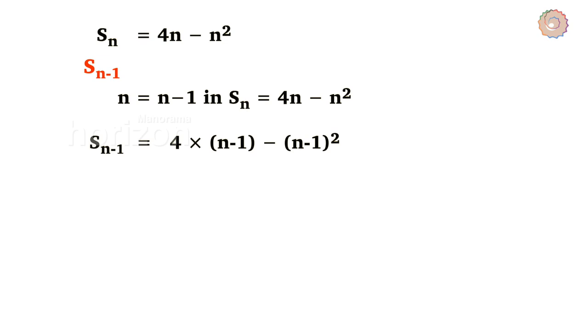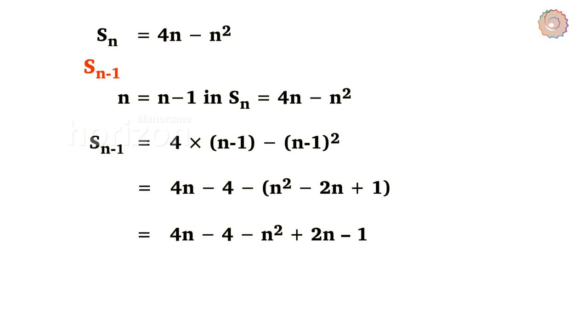Now, opening the bracket and expanding, we get 4n minus 4 minus bracket open n square minus 2n plus 1. Now, again we can write it as 4n minus 4 minus n square plus 2n minus 1. And rearranging, we get minus n square plus 6n minus 5.